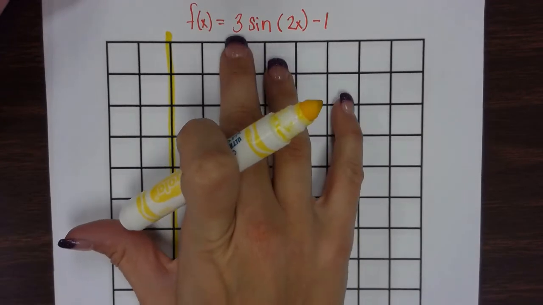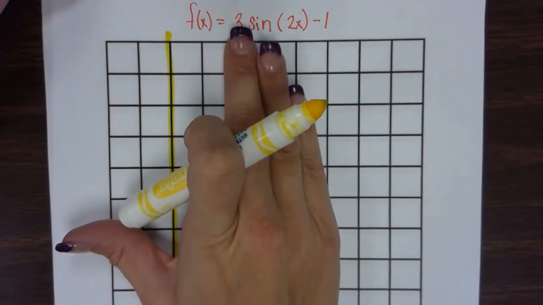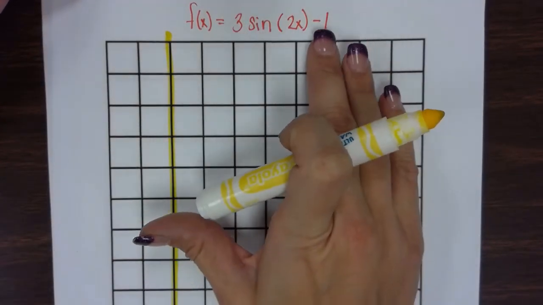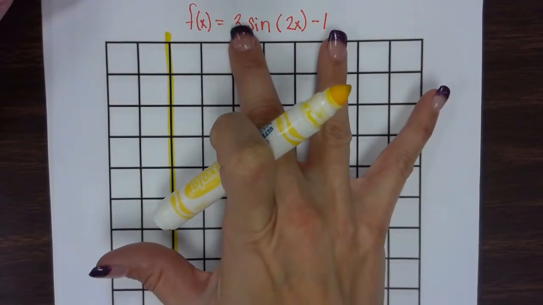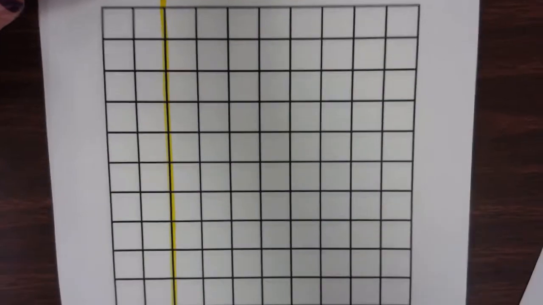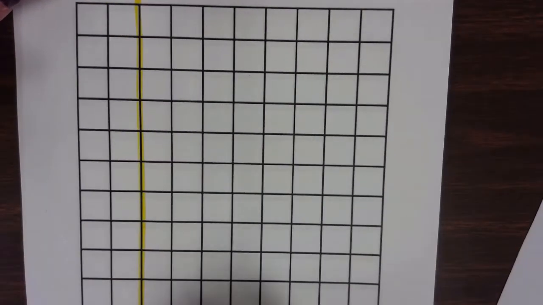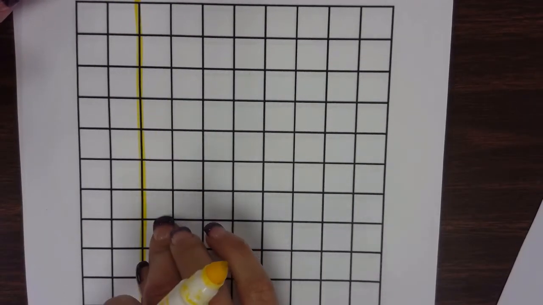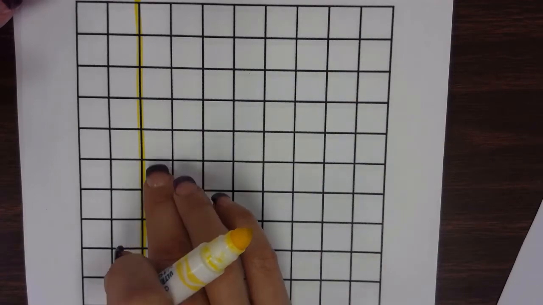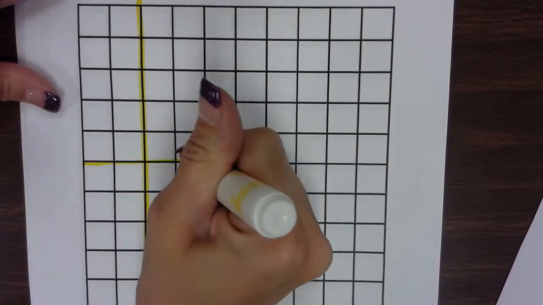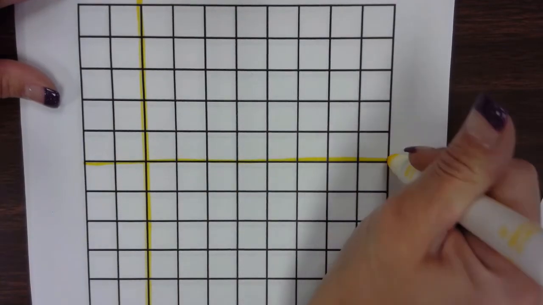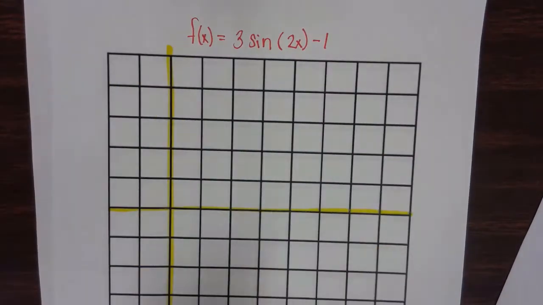I also know that my amplitude is going to be 3 because of that number up front, and I'm going down 1, so I'm going to need probably 4 at the bottom. 1, 2, 3, 4, and I'll give myself some space, so maybe I'll put it right here. Okay, so this is my X and Y axis.